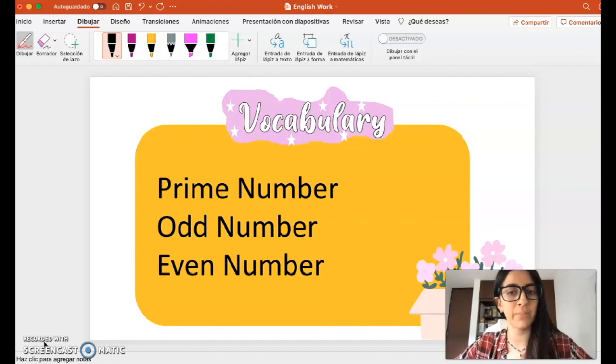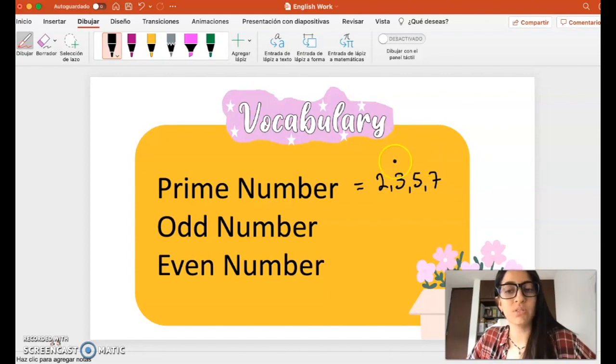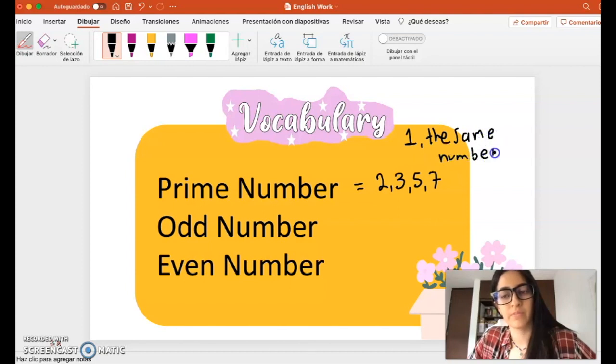A kind of number in math, like prime number, that is número primo. Remember that prime number is a number like 2, 3, 5, 7. Those numbers are just divided by 1 and the same number. Okay, the same number. For example, 2, 3, 5, 7.